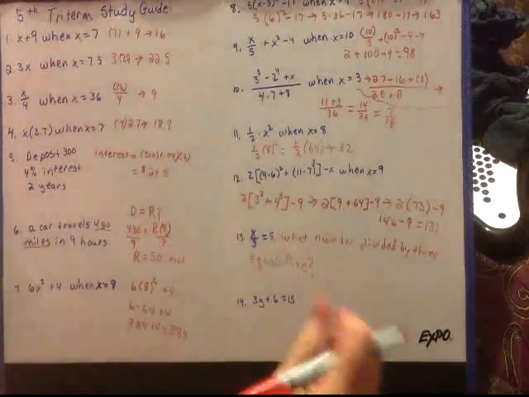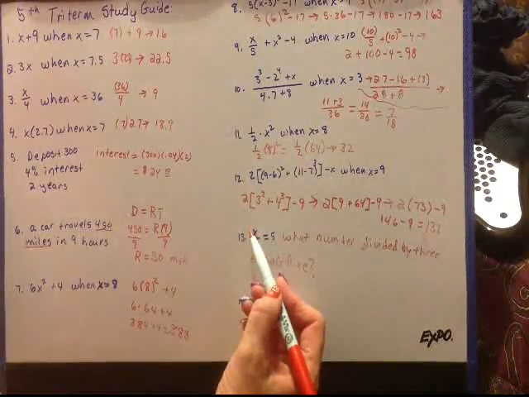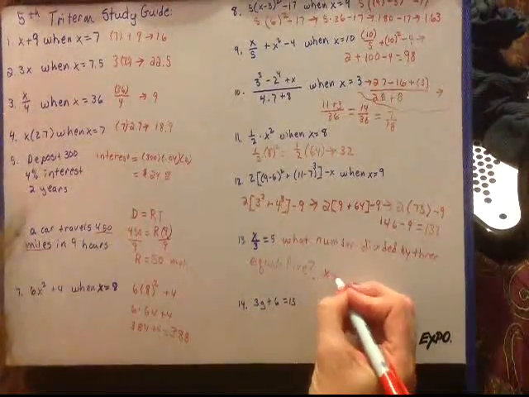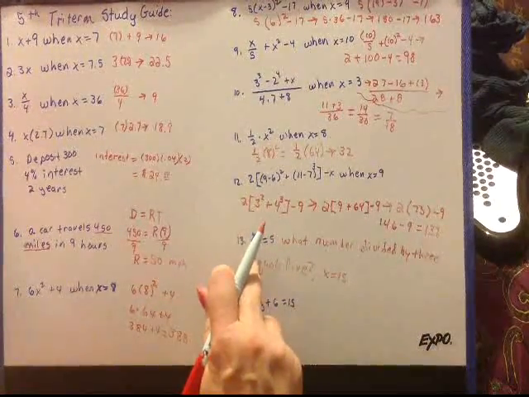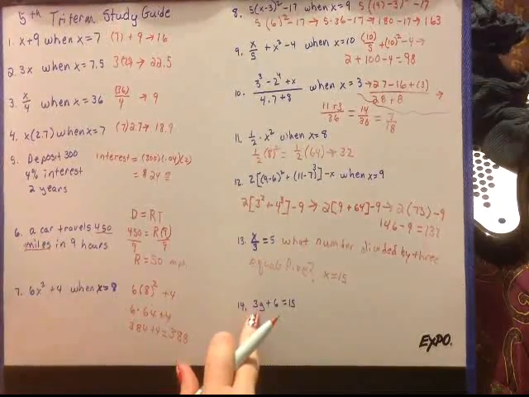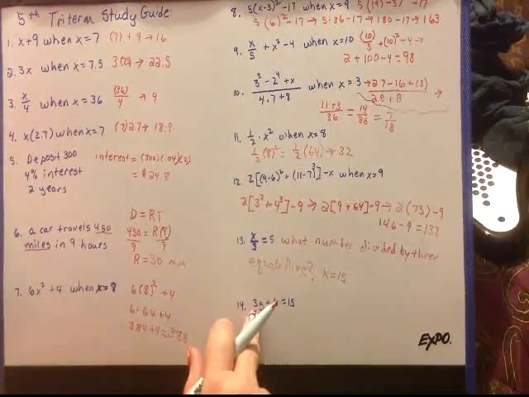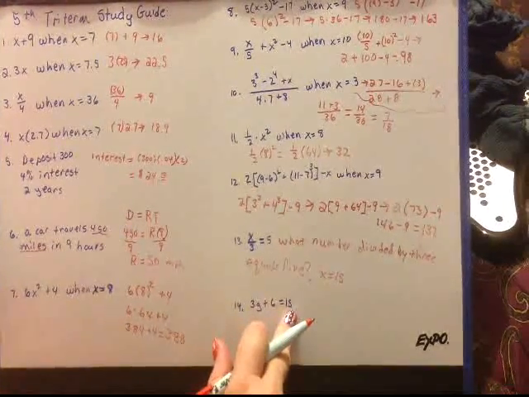Okay, and if you think about it, 5 times 3 is 15, so when x equals 15, 15 divided by 3 equals 5.